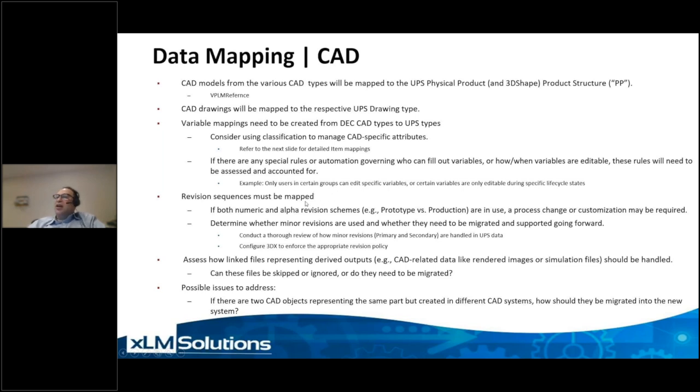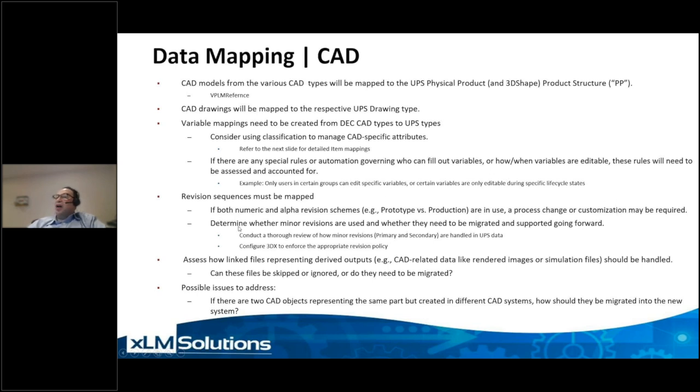So in theory, most revision sequences will be supported, but it does not today, and I heard this functionality may be coming, support numeric and then alpha revision schemes, i.e. going from a prototype revision scheme to a production revision scheme. So if you have that situation, you may need to change your process or use some customization to support it, which can be supported in the UPS data model.